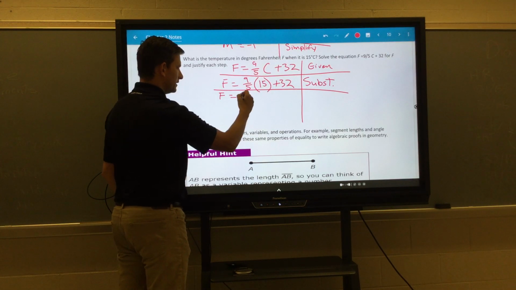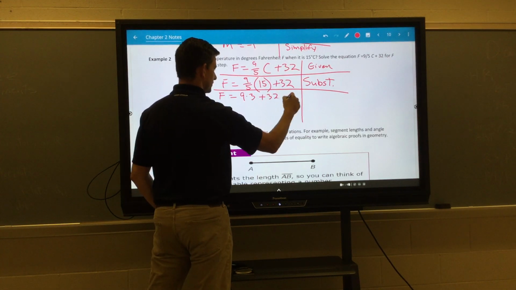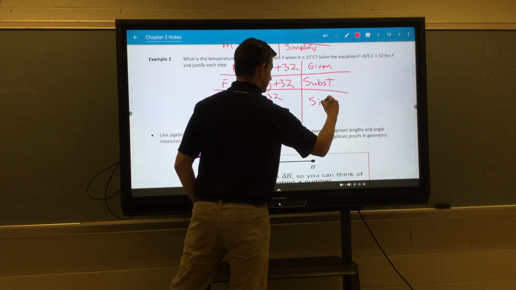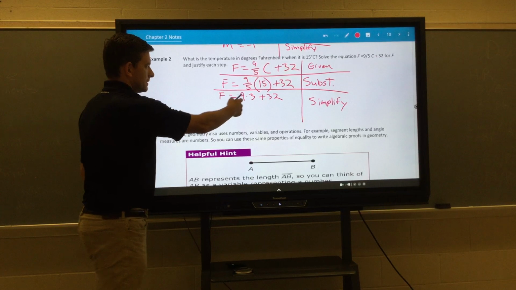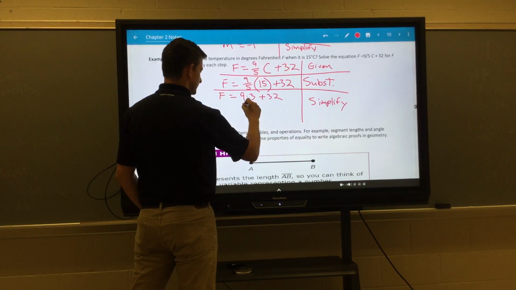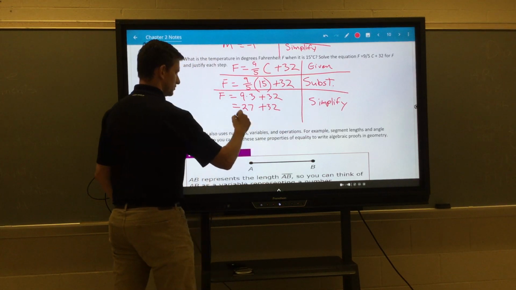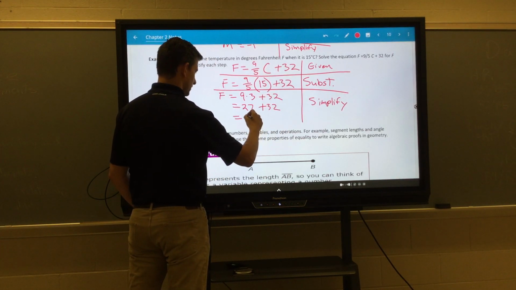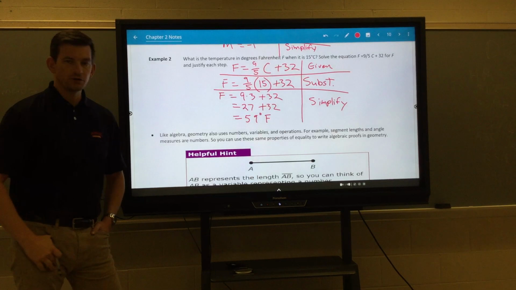And you have this 9 in the numerator, so 9 times 3, plus 32 kind of goes along for the ride. We're simplifying right now. 9 times 3 is 27 plus 32. Still simplifying. Part of the same step here. We've got 59 degrees Fahrenheit as our F value.